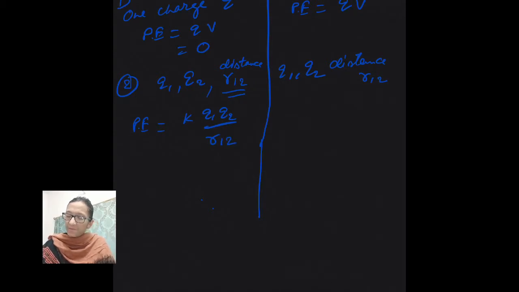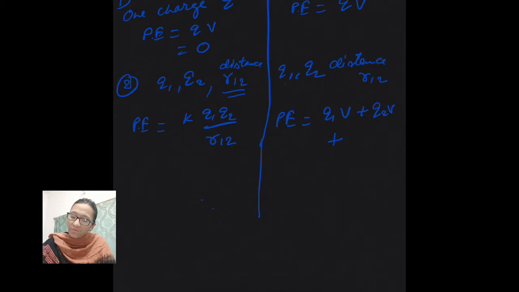Whereas with an external field, potential energy is equal to potential energy due to charge Q1, Q1V, plus potential energy due to charge Q2, Q2V, plus.